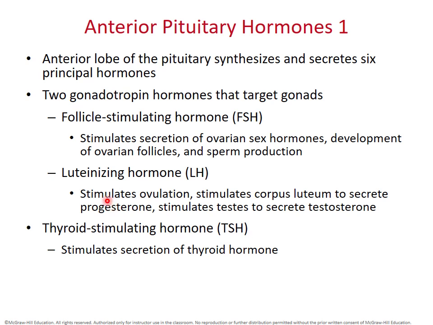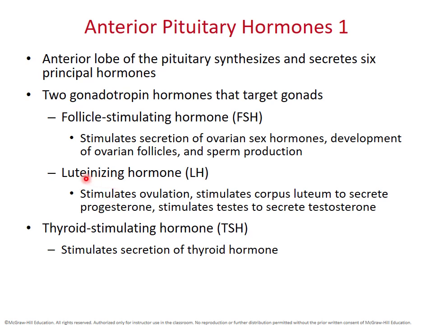If pregnancy doesn't occur following ovulation, then there are some hormonal feedback signals that will cause luteinizing hormone levels to decrease, which will cause progesterone levels to decrease, and instead of pregnancy, menstruation will follow. But again, we're going to talk much more about that in a couple of weeks.